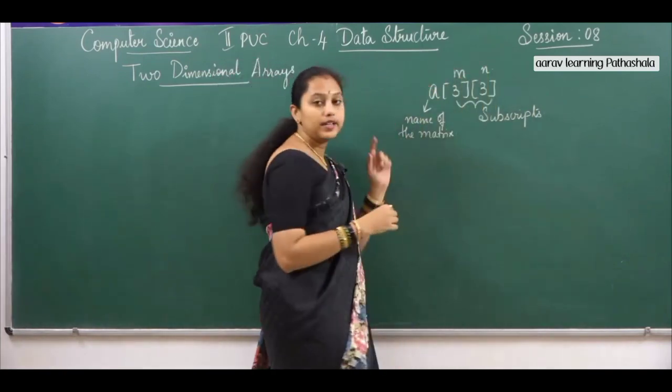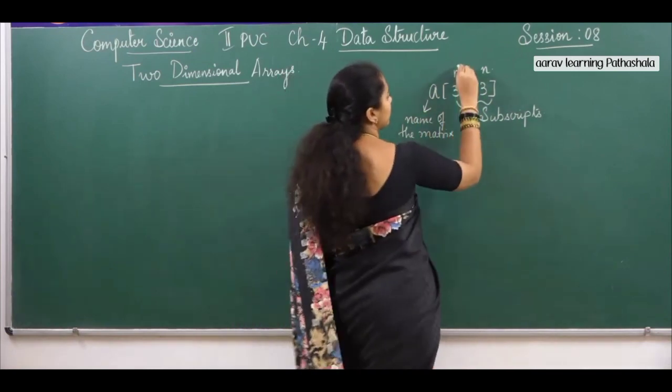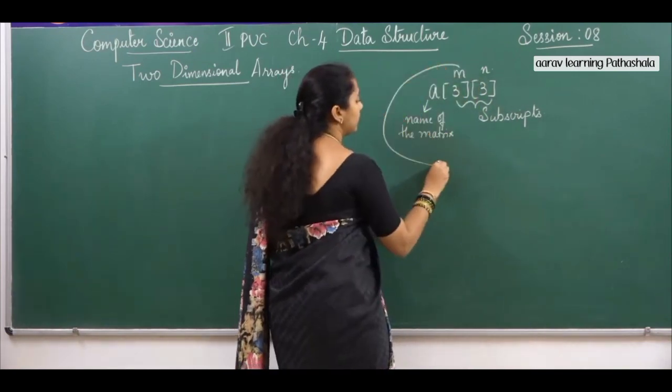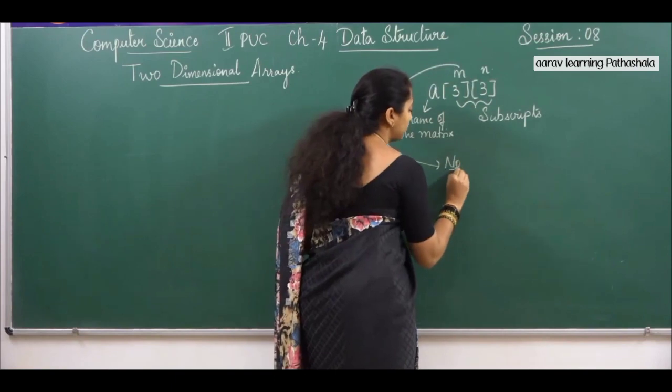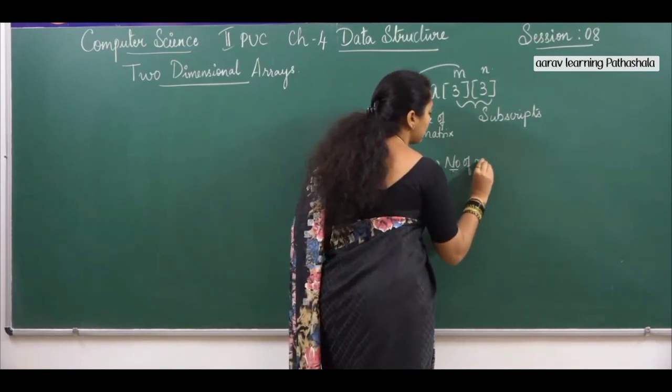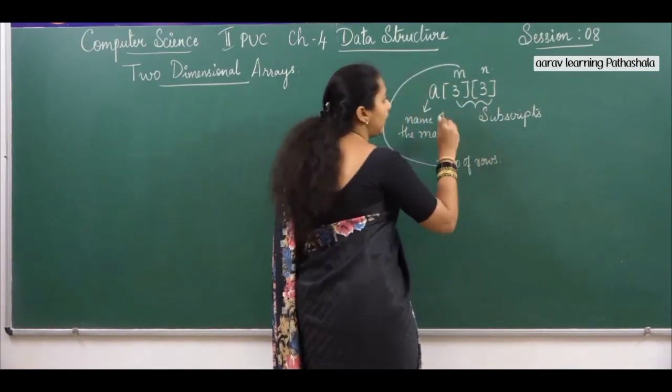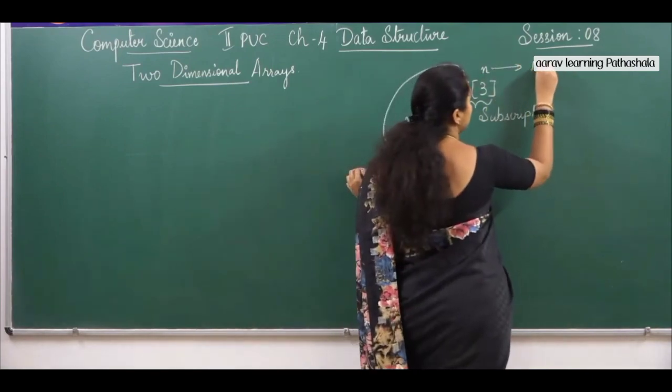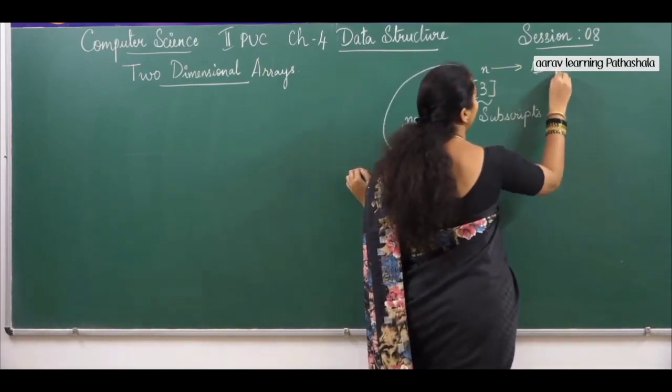Here m represents the number of rows and n represents the number of columns.